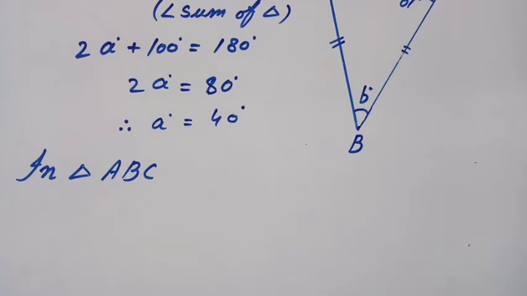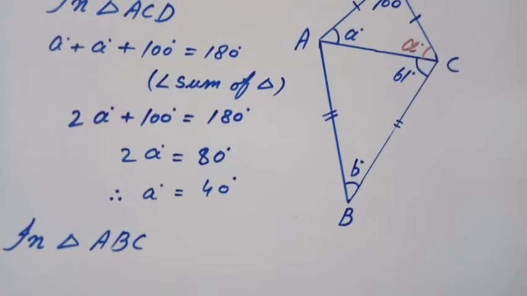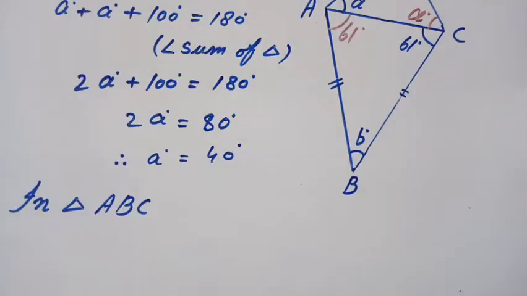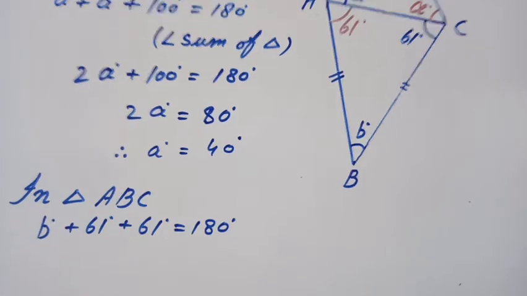So as this is of 61 degree, this should also be of 61 degree, right? Now in this triangle ABC, B plus 61 plus 61 equal to 180. So this way, solving it like an equation, we will find out the value of B.